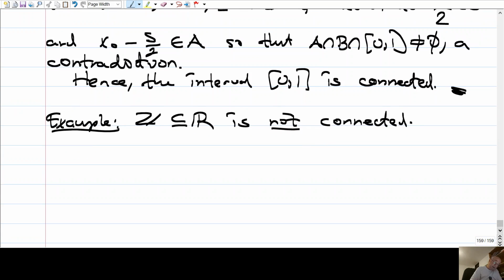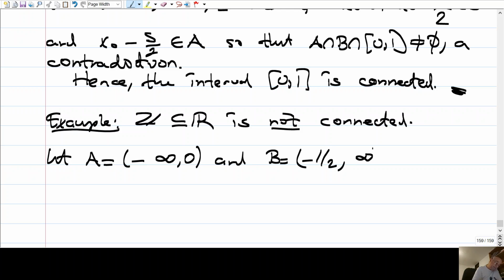Okay, why? Well, you see, let A be minus infinity to 0, and let B be minus 0.5 to infinity.